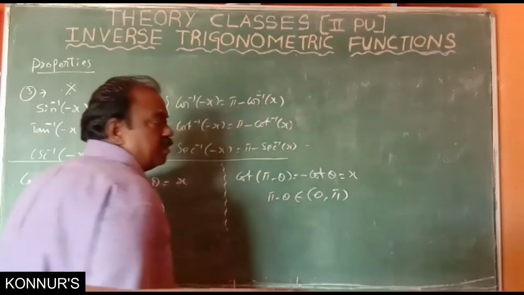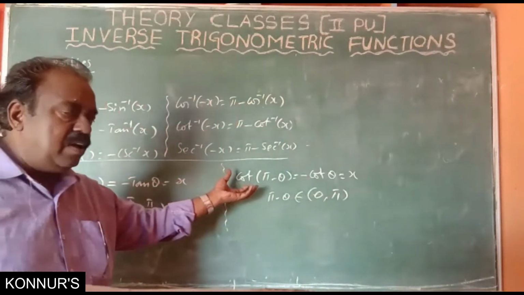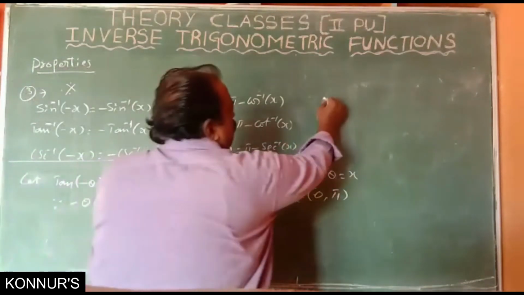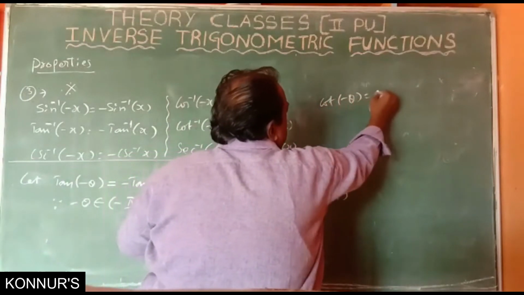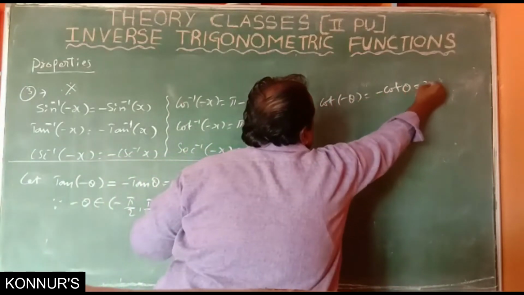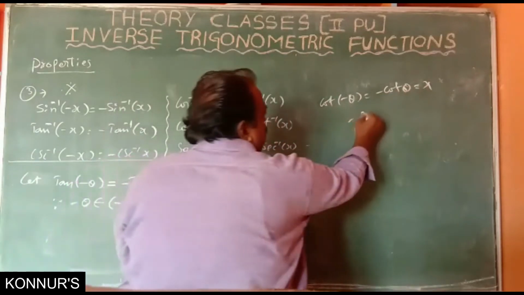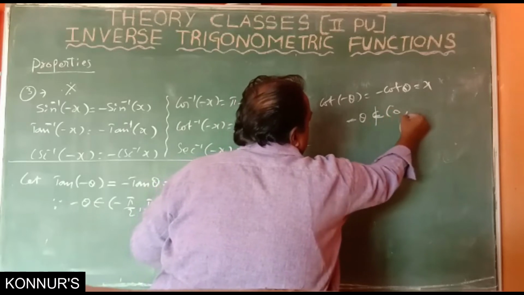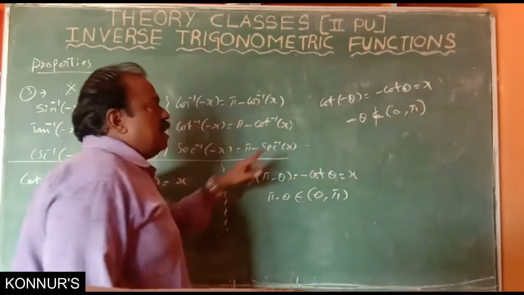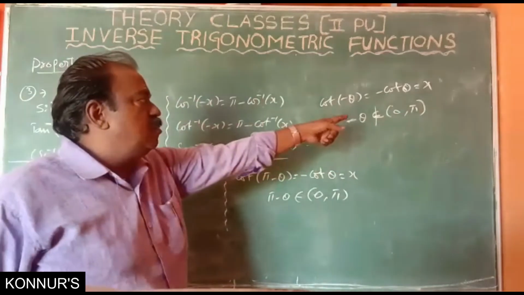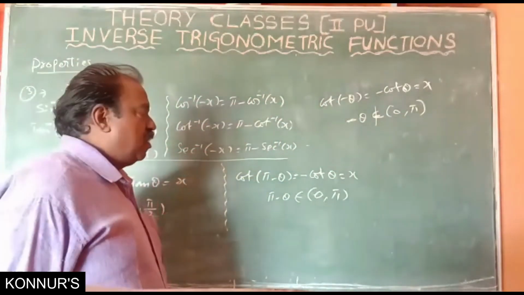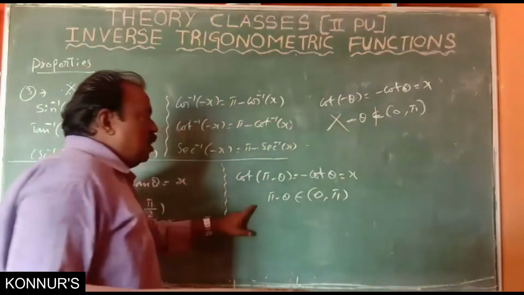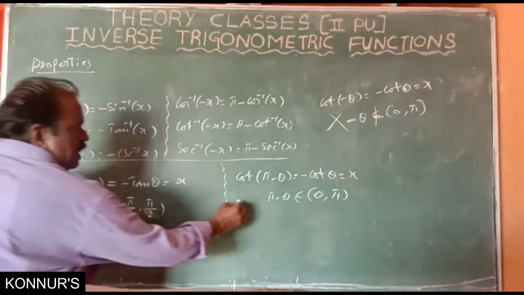It is very clear. 0 comma pi is the interval for a cot. If you write wrong, I am telling. If cot of minus theta is equal to minus cot theta is equal to x, yes, correct. But minus theta, it doesn't belong to 0 comma pi. The negative angle is in the fourth quadrant. That is 0 comma pi is in the first and second quadrant. So this is wrong. So I have to take like this one. This is the reason.